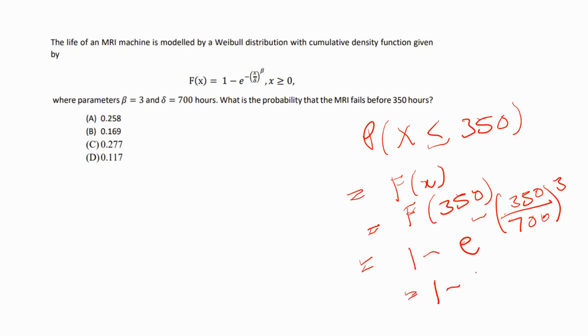So it will be 1 minus e to the power minus (1 by 2) cubed, so 1 upon 8, which is about 0.11.